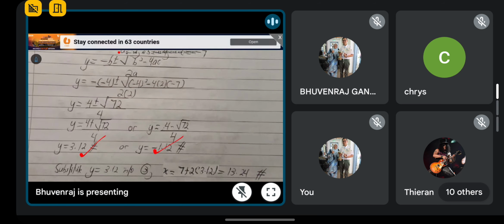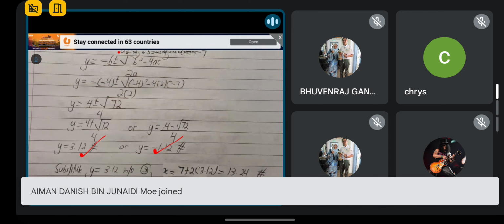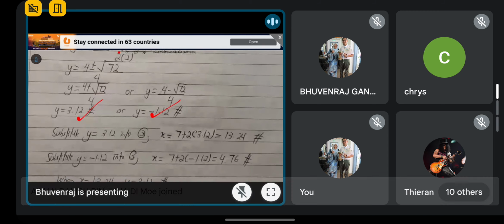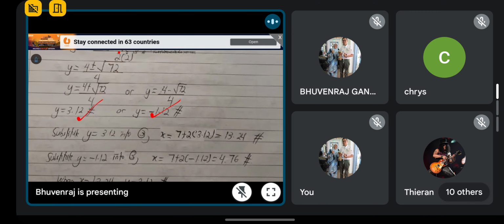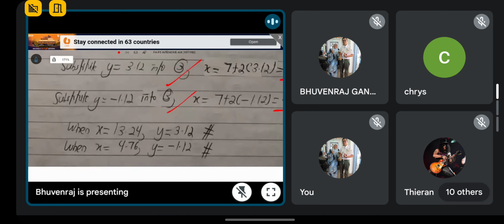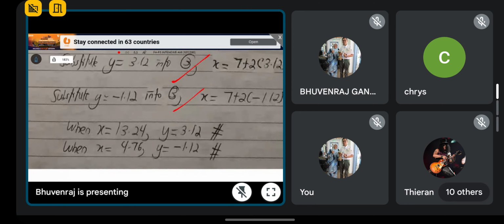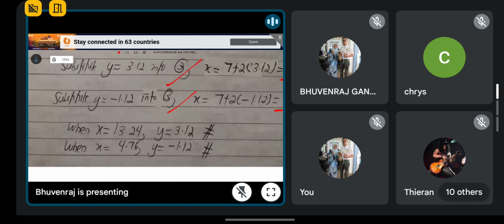You will get two values of y over here. Then you just substitute. Gantikan jawapan kamu balik dalam persamaan yang kamu pilih. So you will get this answer in the end. Jangan lupa conclusion dia. When x equals something, y equals something.